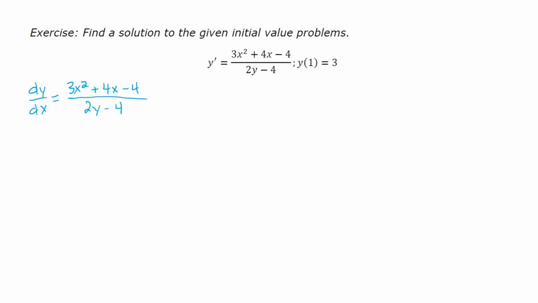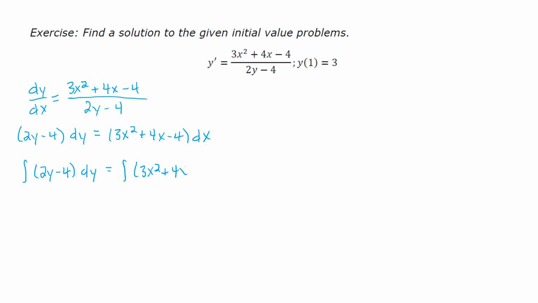So I will get 2y minus 4 dy equals 3x squared plus 4x minus 4 dx. Okay, so now I have terms on each side. The y is on the left, x on the right. So now I'm going to take the integral of both sides, 2y minus 4 and the 3x squared plus 4x minus 4.